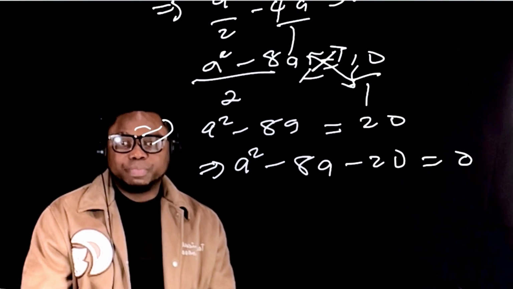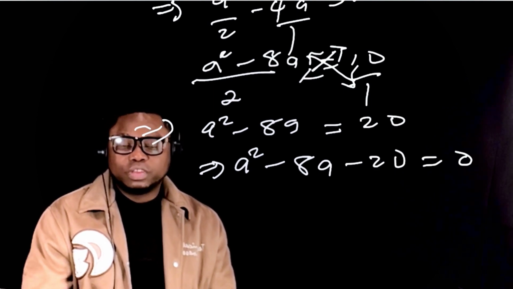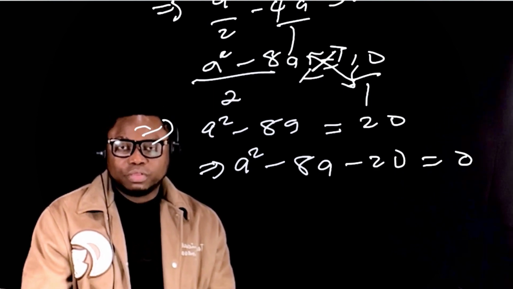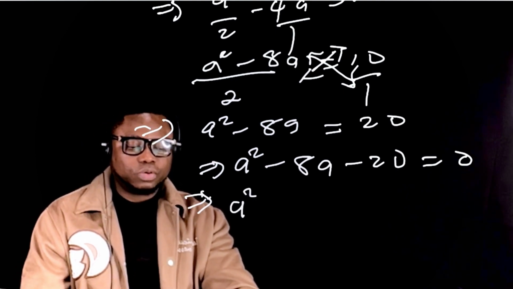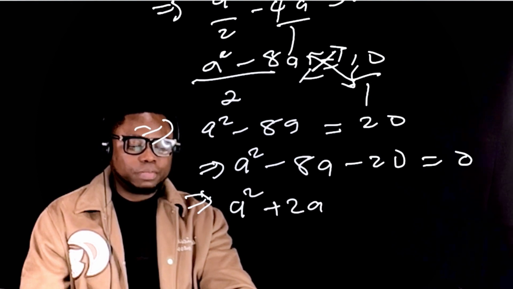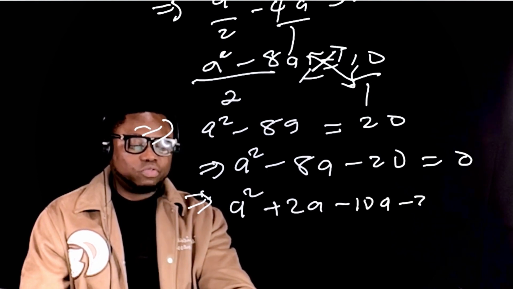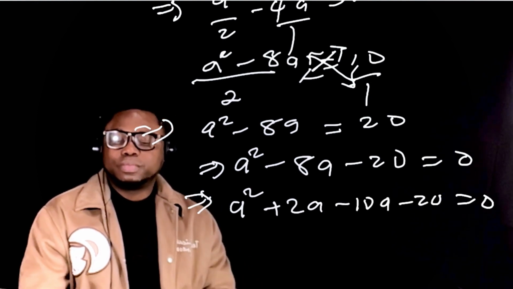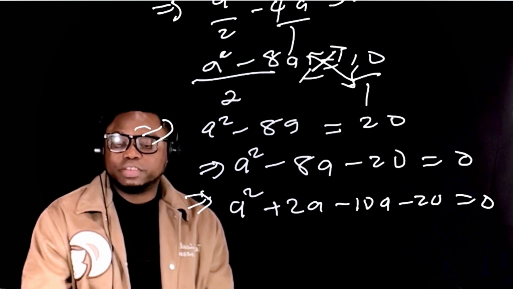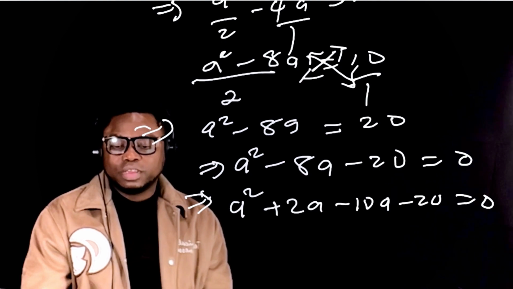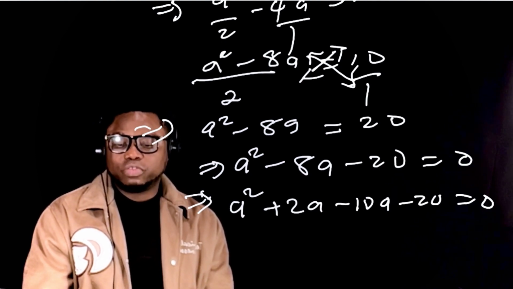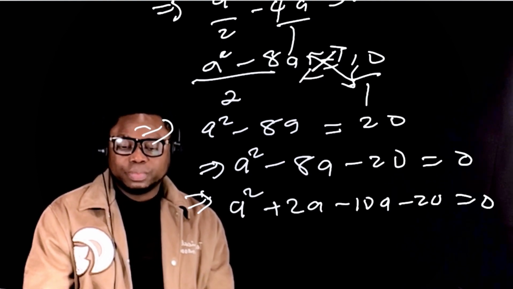I'm going to replace the middle term, which is minus 8a, with these two terms. This is going to be a squared plus 2a minus 10a minus 20 is equal to 0. You can see minus 8a is no longer there because it is replaced by plus 2a and minus 10a.